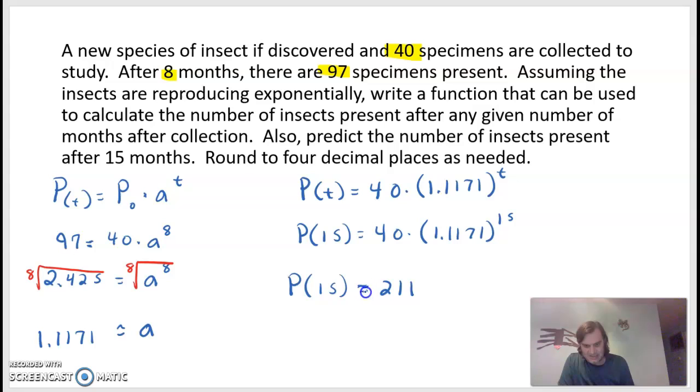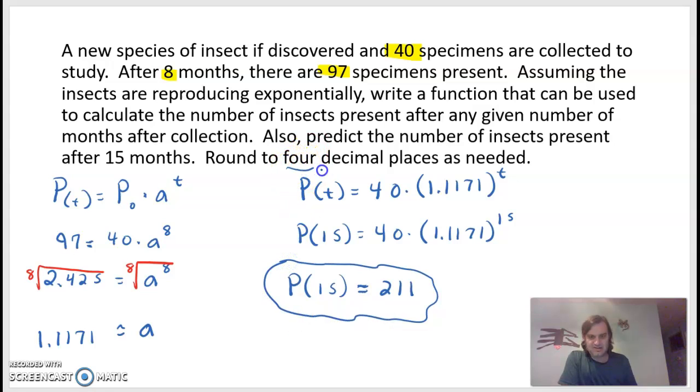So that's a rough estimate, but I kept my A to 4 decimal places. If you want to see what comes out of the calculator exactly, it's 210.5915. But we're going to go with the 211, and we found our function in the process.